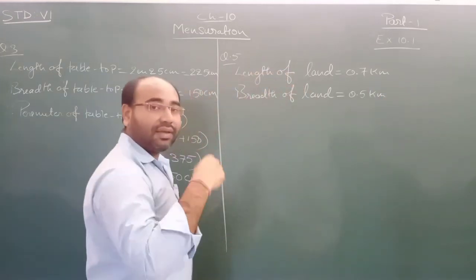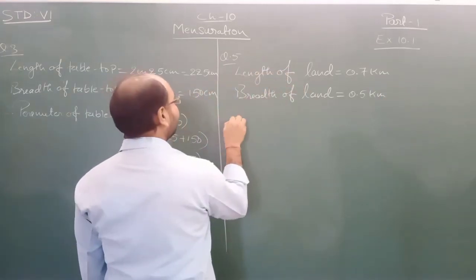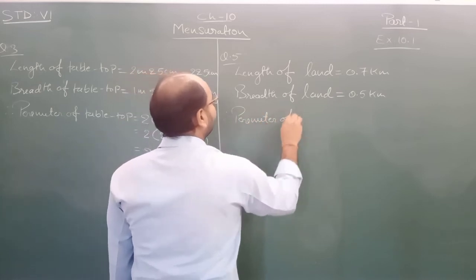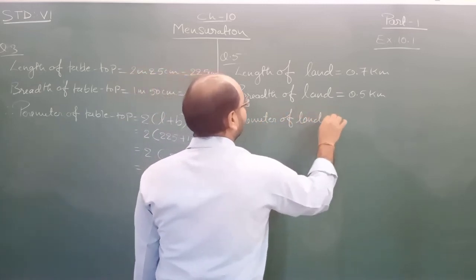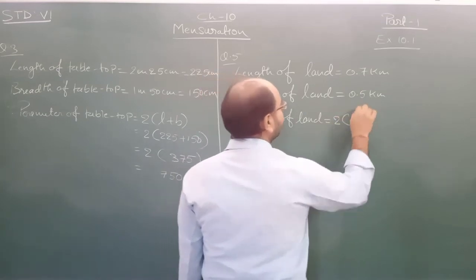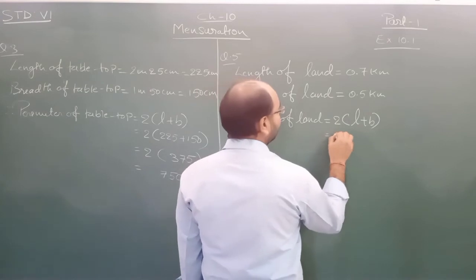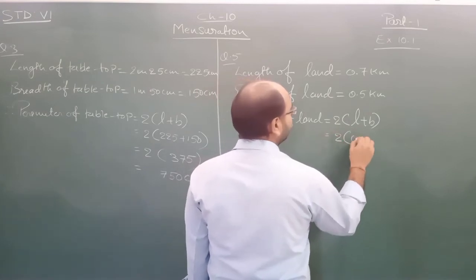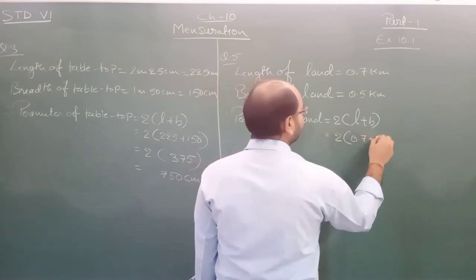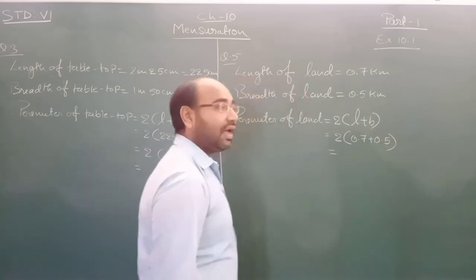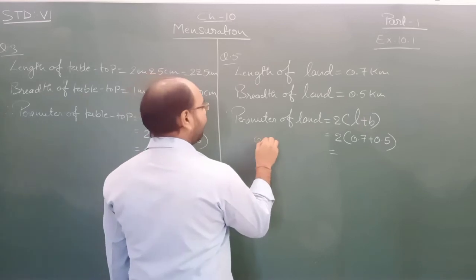So हम क्या फाइंड आउट करेंगे, because फेंसिंग के लिए चाहिए, therefore perimeter of land, that will be equal to 2 into length plus breadth, so which will be equal to 2 into 0.7 plus 0.5.